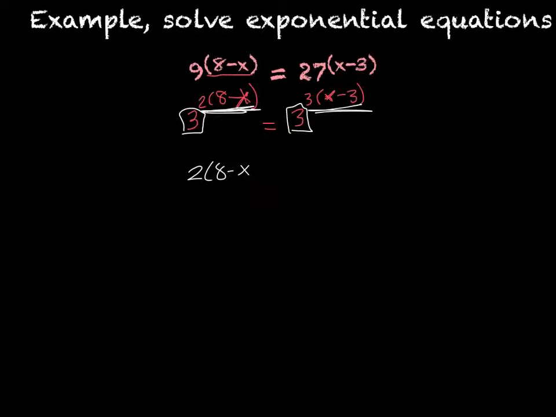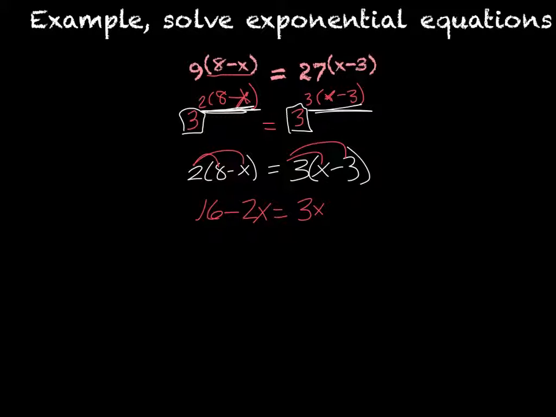2 times 8 minus x equals 3 times x minus 3. At this point we simplify, so we can distribute, and that would be 2 times 8, which is 16, minus 2x equals 3x minus 9. And then if I continue simplifying, add the 2x.